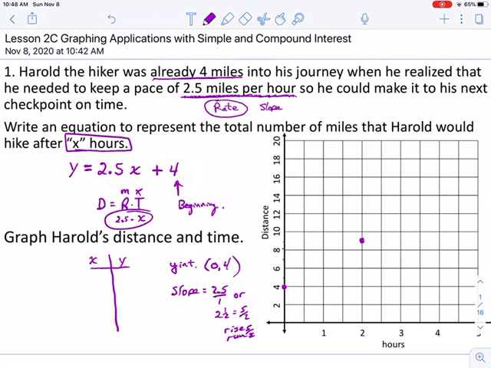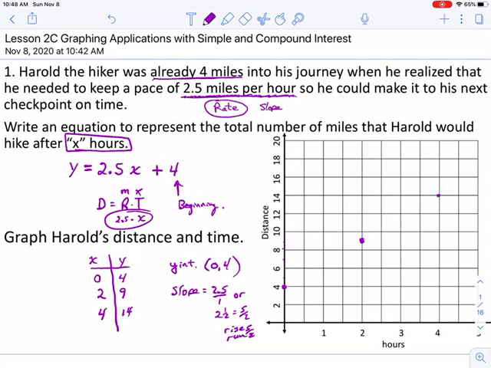So if that's too confusing, then make an XY table. And you can say, well, what if x is 0? Y would equal 4 because 2.5 times 0 plus 4 is 4. What if x was 2? 2 times 2.5 is 5. 5 plus 4 is 9. So 2, 9. What if x was 4? 4 times 2.5 is 10. 10 plus 4 is 14.